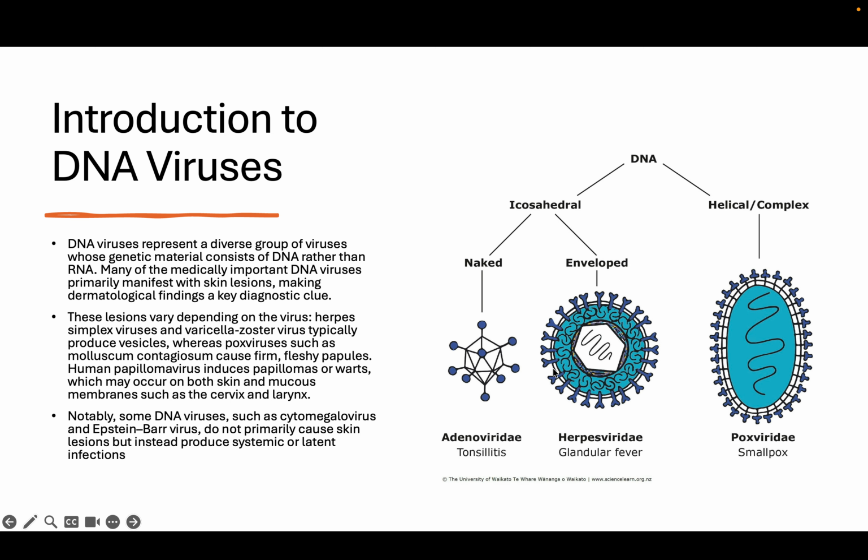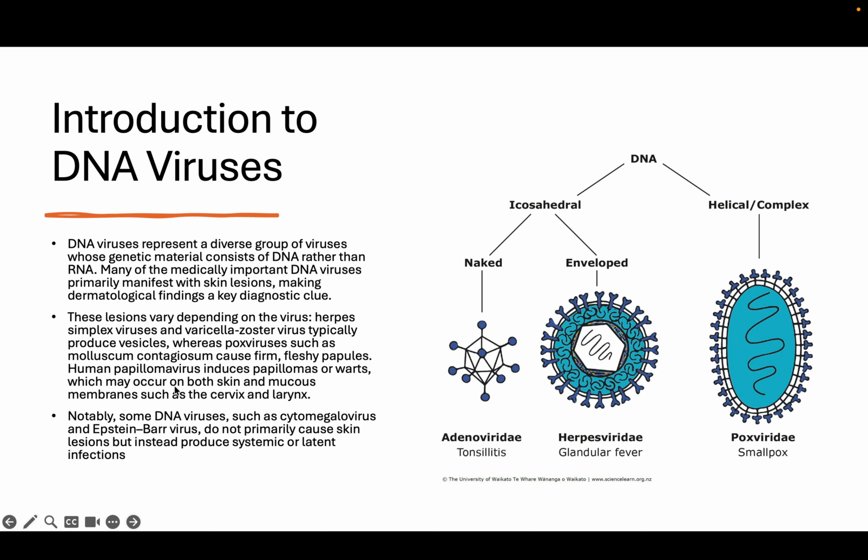The thing about DNA viruses, the most medically important ones, is that they have a primary manifestation with skin lesions. These can be, for example, herpes viruses, the herpes simplex viruses, or the varicella zoster viruses, which produce vesicles. You have pox viruses that create firm, fleshy papules.